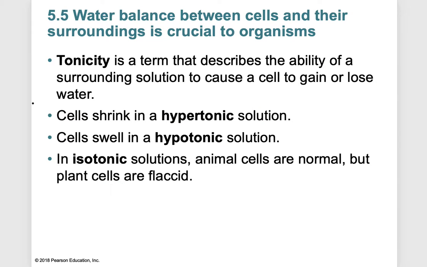Okay, now let's talk about tonicity. This is the ability of a solution to affect whether a cell will gain water, lose water, or remain stable. Tonicity has to do with osmosis. Cells shrink in a hypertonic solution, something called crenation.